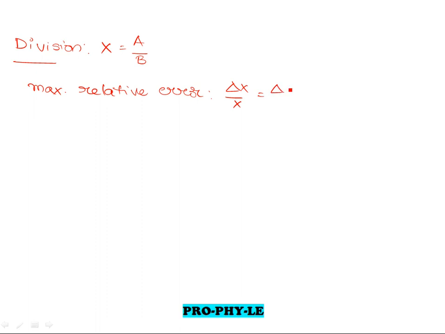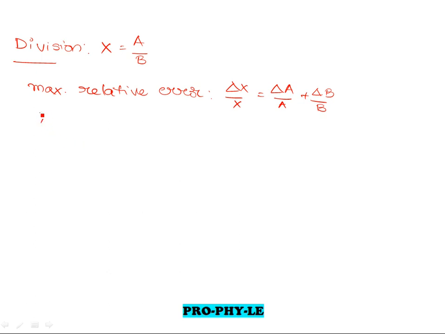Similarly, for division, that means x is a physical quantity that is obtained due to ratio of two physical quantities A and B, then also we will find maximum relative error, that will be delta x by x is equal to delta A by A plus delta B by B, where delta A by A is the relative error in measuring A and delta B by B is the relative error in measuring B. So that delta x by x is the relative error in measuring x.